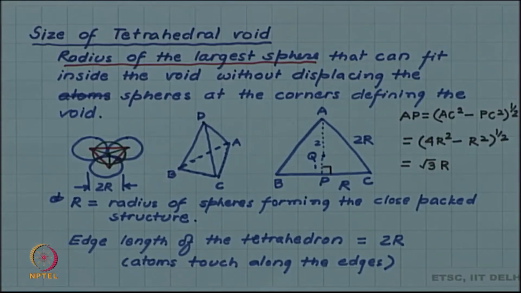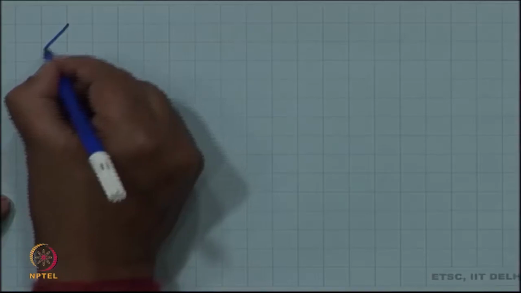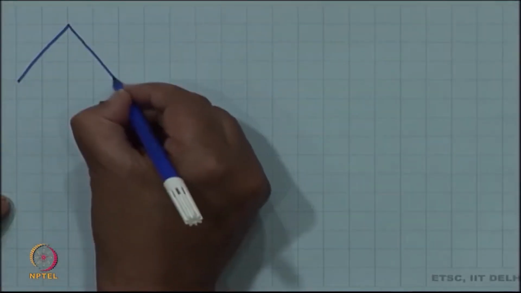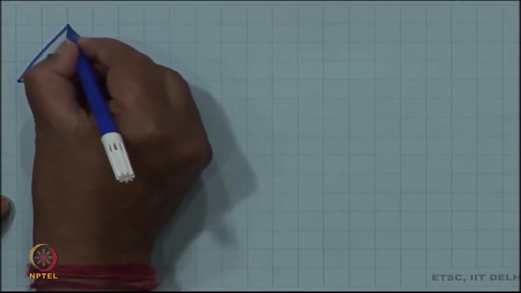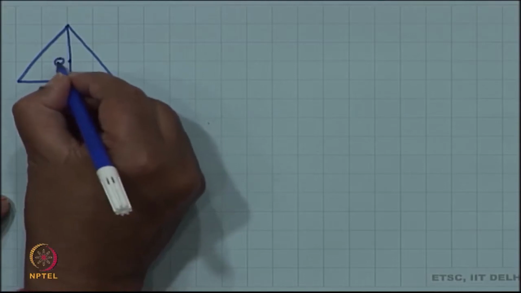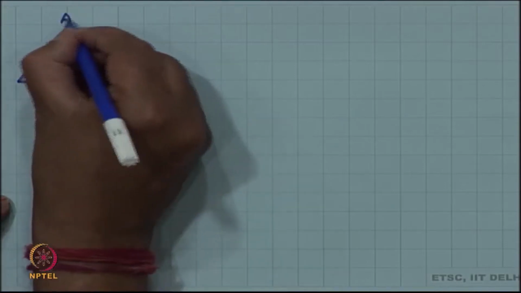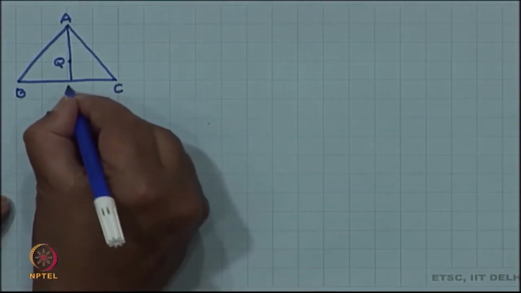So, let us continue with this on the next page. Let us draw our triangle again. This is Q, the centroid of the triangle. ABC is the equilateral triangle.